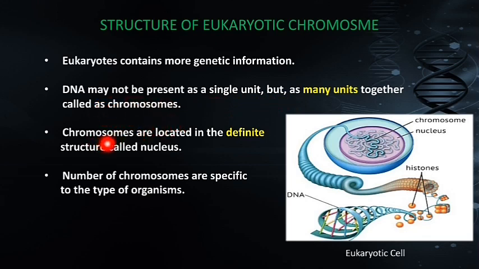Chromosomes are located in a definite structure called the nucleus. Here we can see a eukaryotic cell where the chromosome resides inside a definite nucleus. The number of chromosomes is specific to the type of organism, so it varies from species to species.